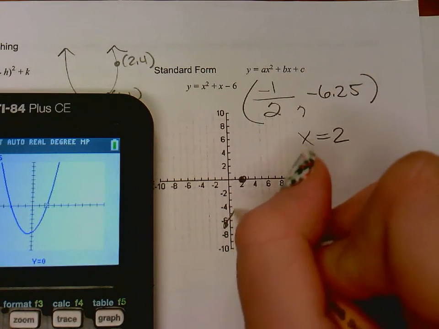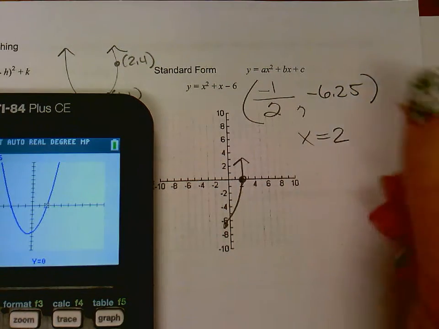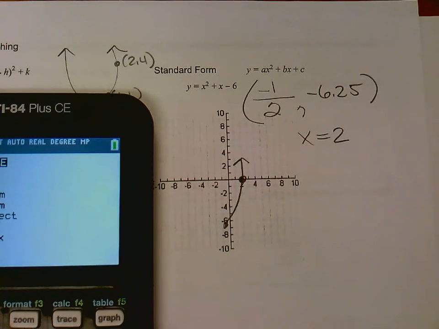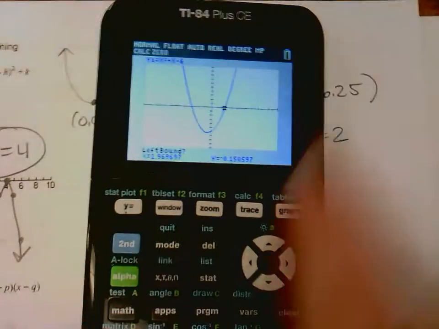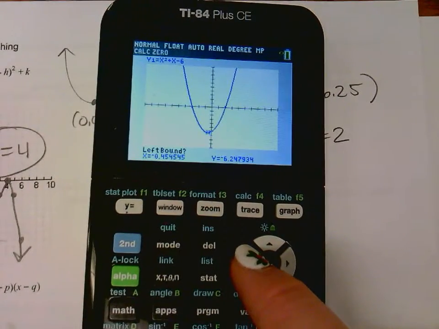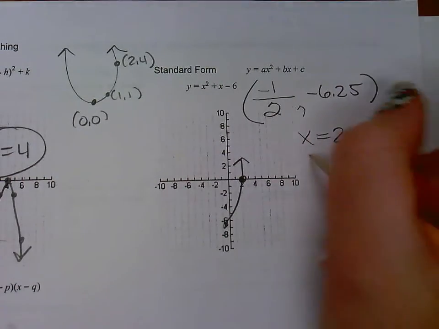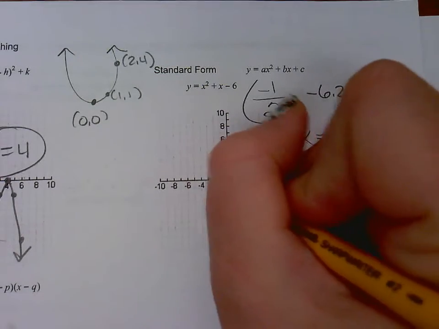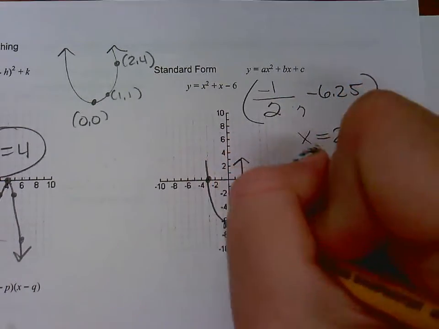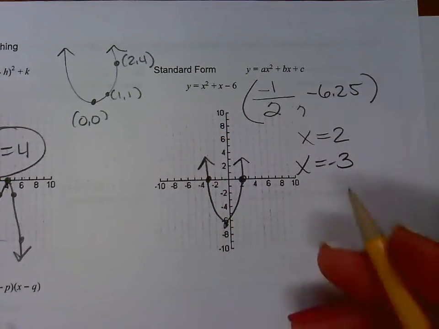It was just kind of hard to see where this was going. And second calculate 0. I got to go to the left of this other one. It looks like it's at negative 3. Yep, so negative 3 and positive 2. It was just a tough vertex to get started from.